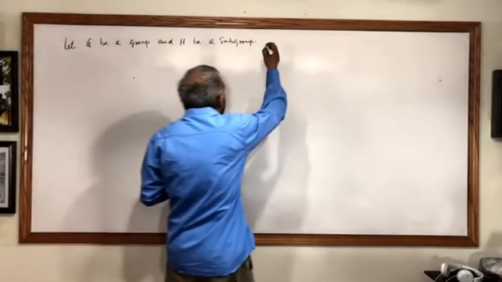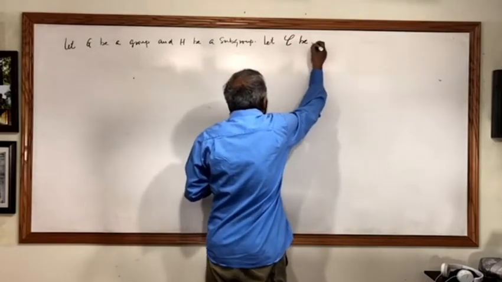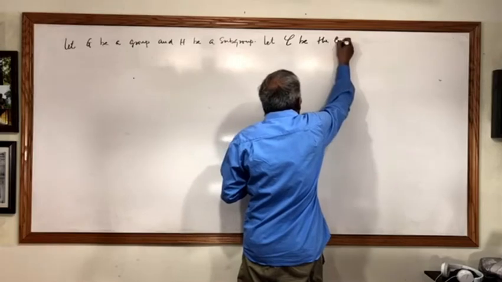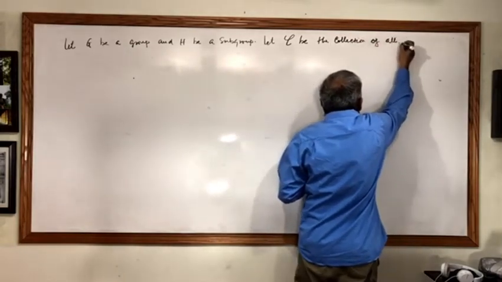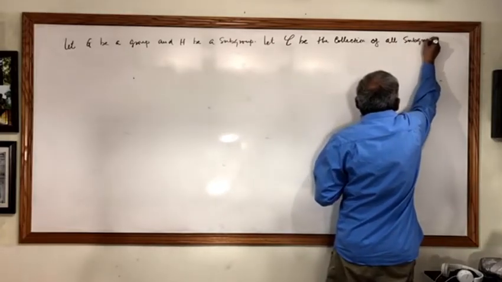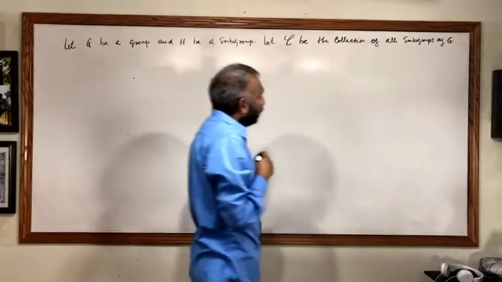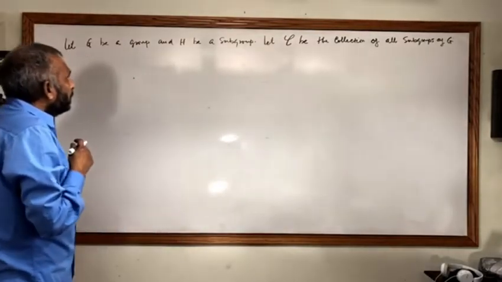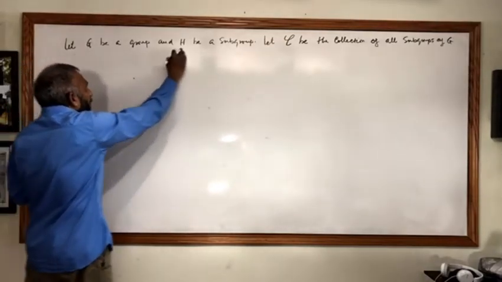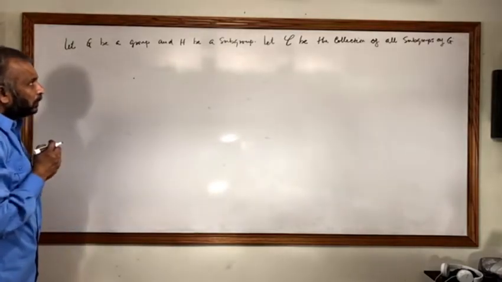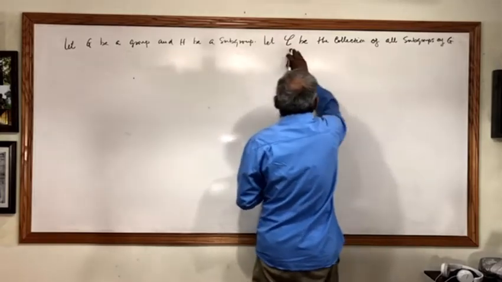Then let C be the collection of all subgroups of G. Our idea is to find out the largest subgroup of G for which H is normal. So it should be in this collection.